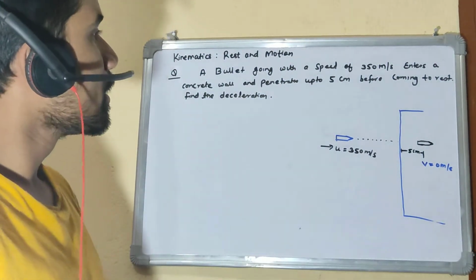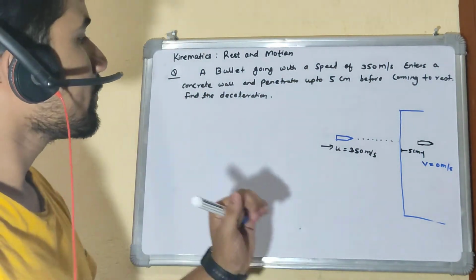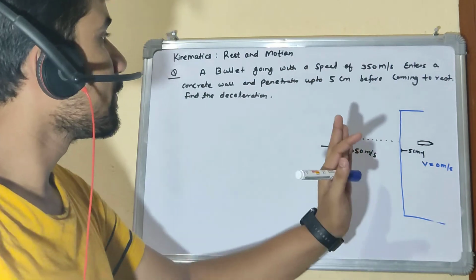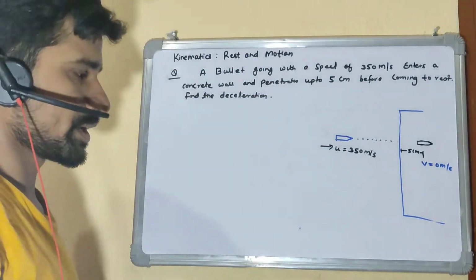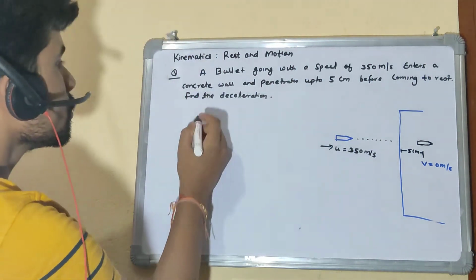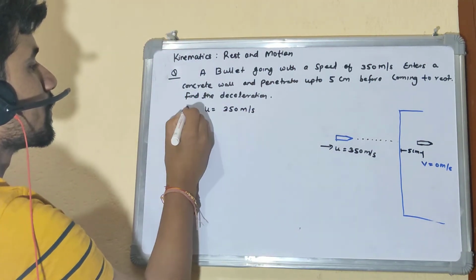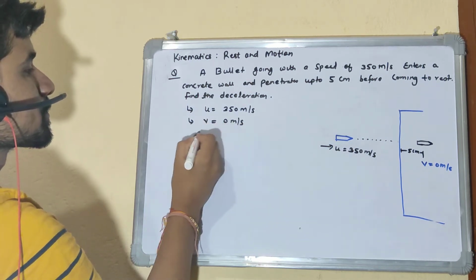So you see, what are the given quantities to us? We are given the initial velocity, the final velocity, and the distance it is traveling, right? So u is 350 meter per second, v is 0 meter per second.